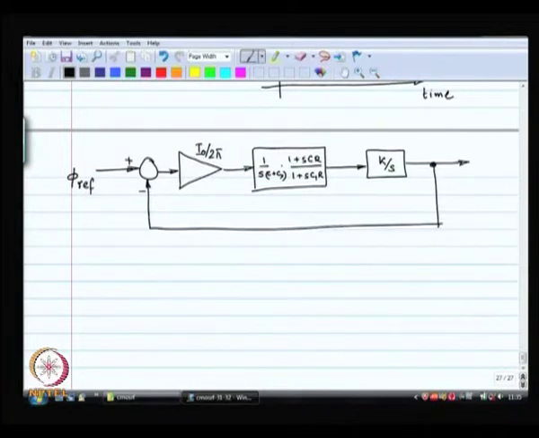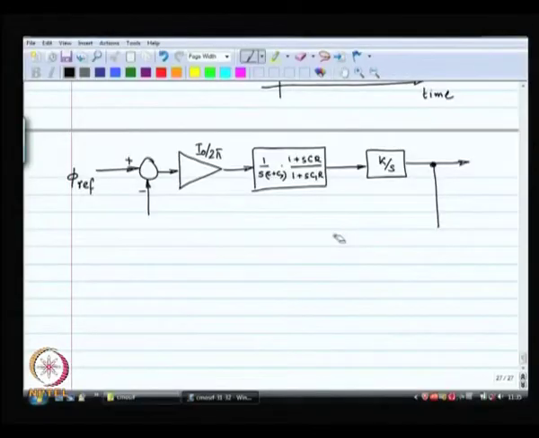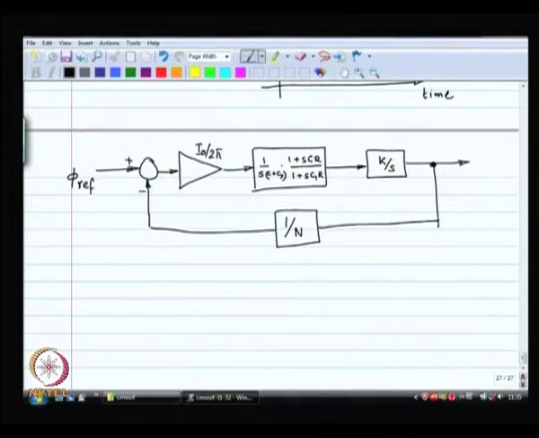So, this is the normal phase lock loop. What is going to happen if I put a division by n in the feedback path? Will this loop also work? Of course, this loop will work. I mean, it has the same dynamics as before.